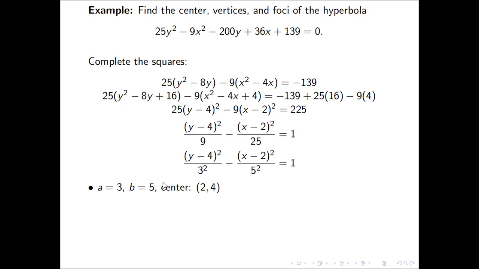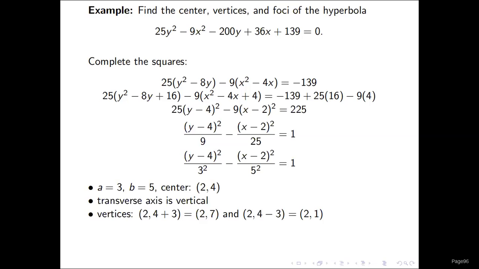So b squared equals 25, b equals 5. Moreover, since y is the positive variable in the equation, we can also tell that the orientation of the transverse axis is vertical. So I won't be doing the part where we find the vertices and the foci.